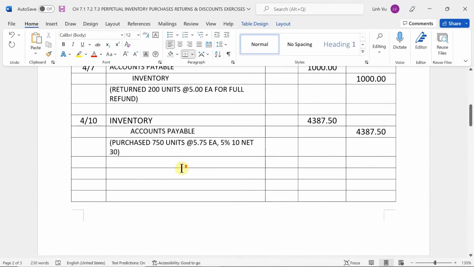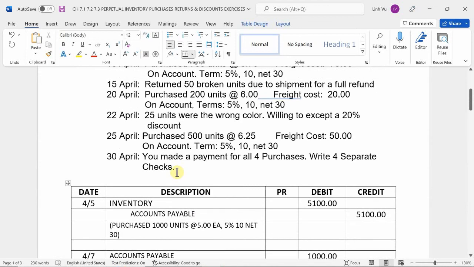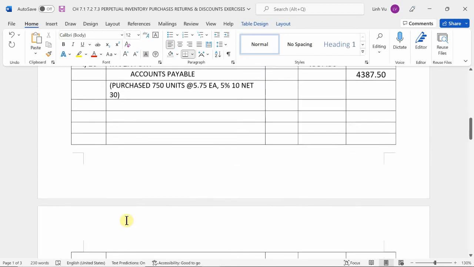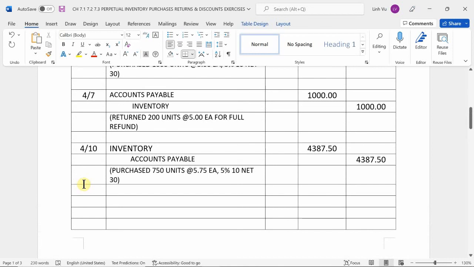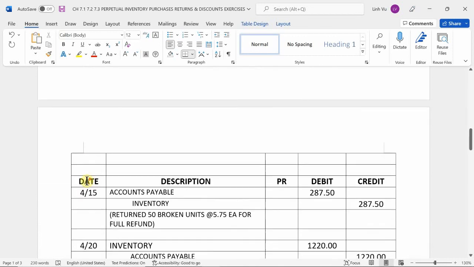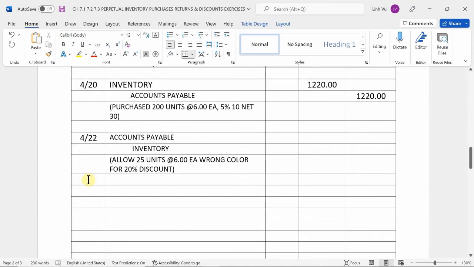Okay, let's double confirm that. So on April 22nd, 25 of these mugs were the wrong color, willing to accept a 20% discount. Okay. So in this case, accounts payable is going to be $30 and inventory is going to be $30.